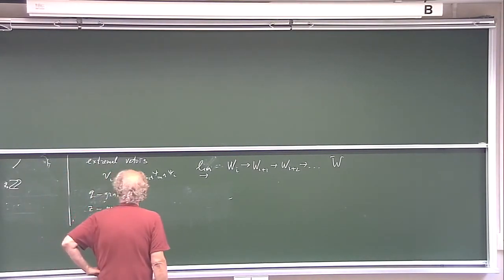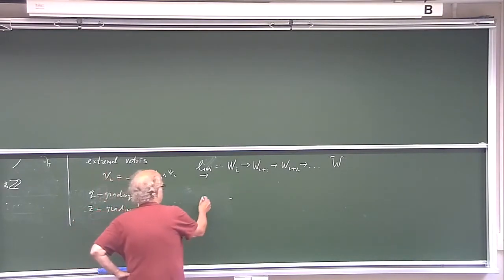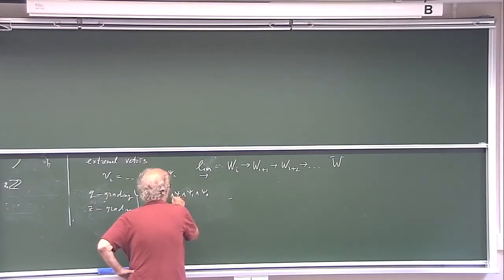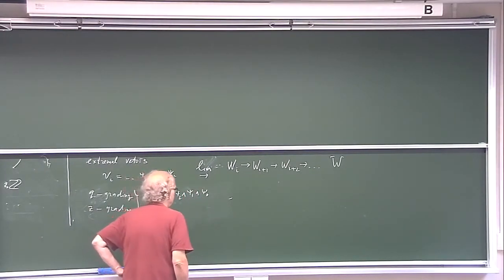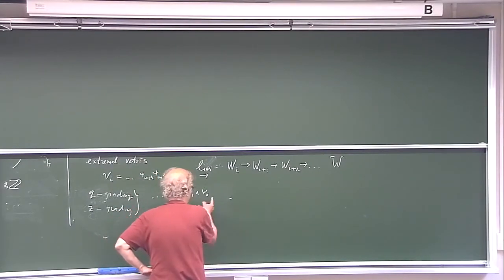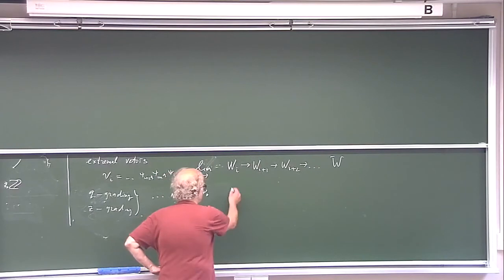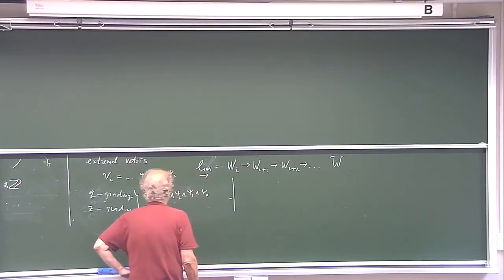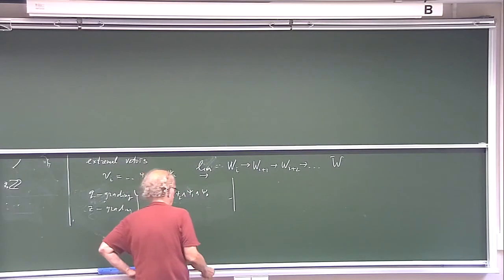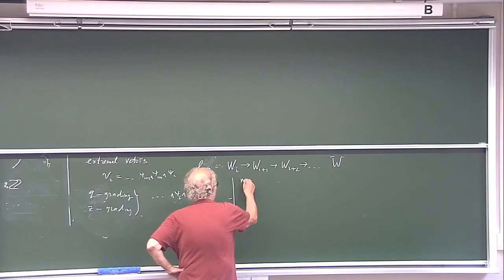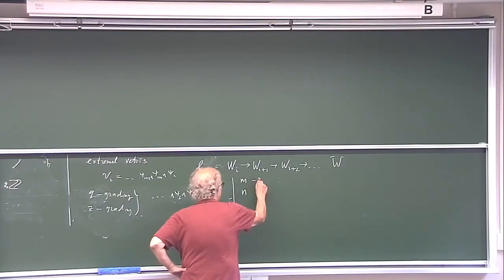So each monomial, say psi0, psi1, psi2, and so on, it is some vacuum monomial, it is an extremal vector, but each monomial also has two gradings. So I want to connect with these two numbers, which can be maybe m and n. It is Z grading, and this is Q grading.